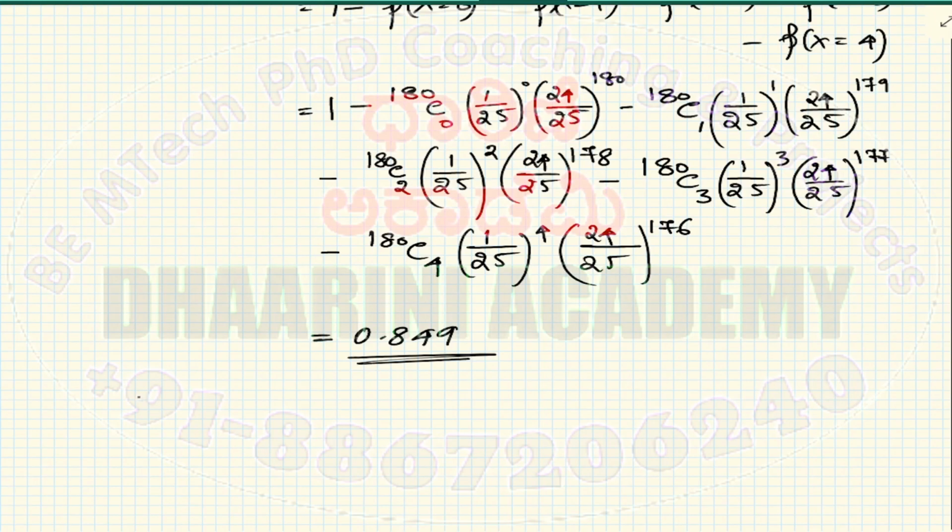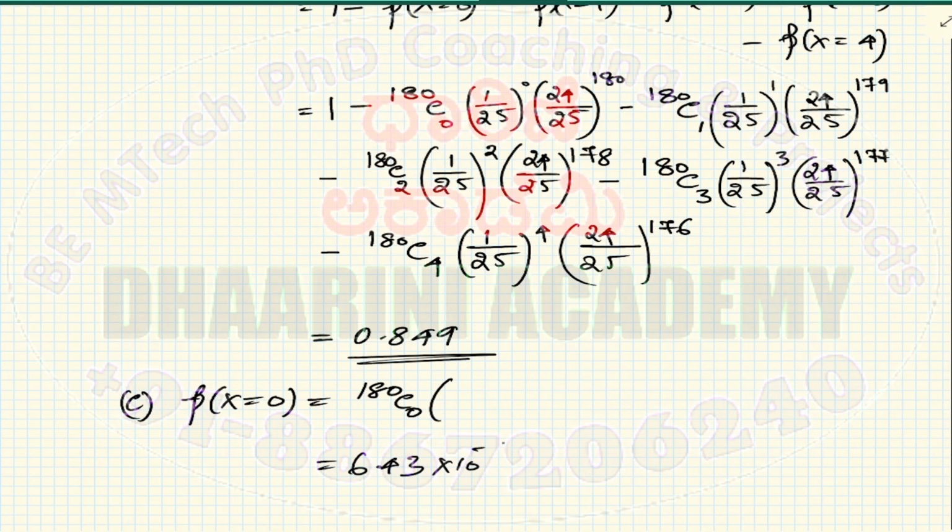Okay, so we have the answer for that: 6.43 into 10 to the minus 4. It's a straightforward question.